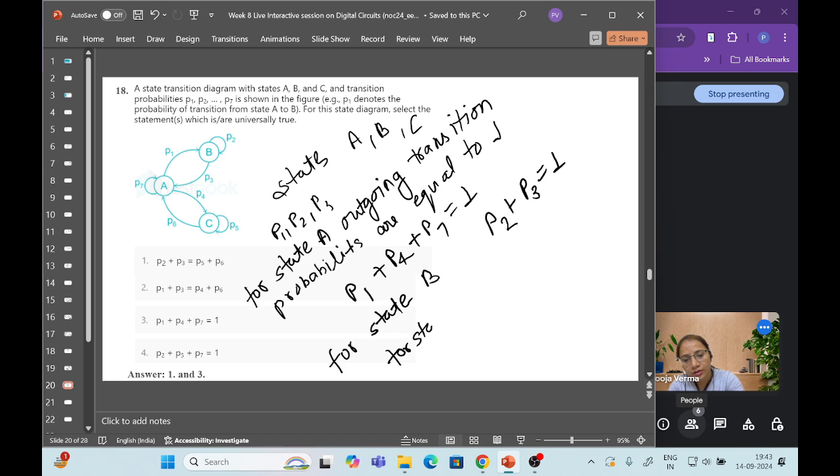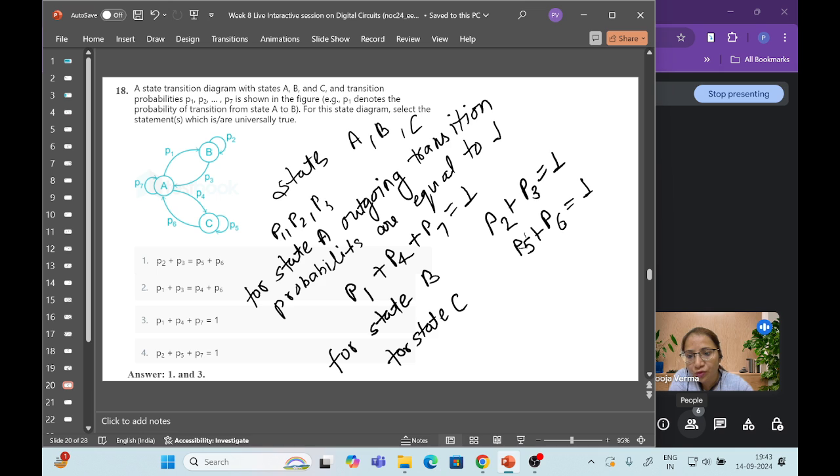For state C, the outgoing transition probabilities P5 plus P6 are equal to 1. We already know this concept of transition probability. Now we have to check the options. The first option is P2 plus P3 is equal to 1, which we already know.